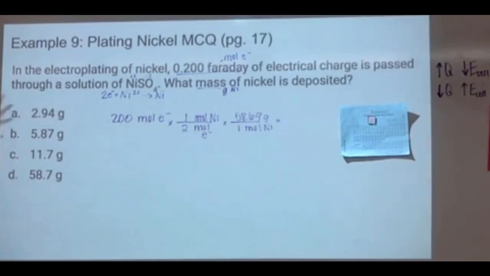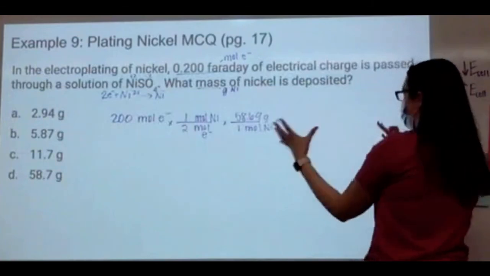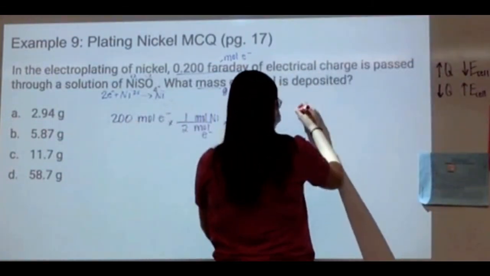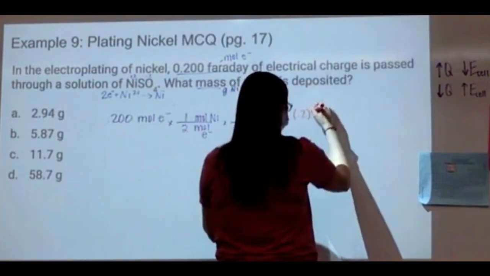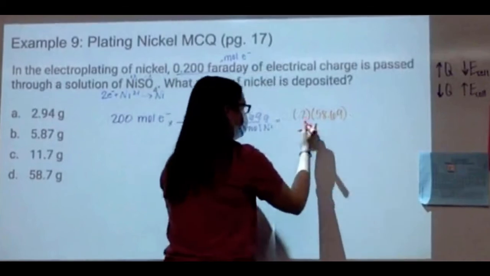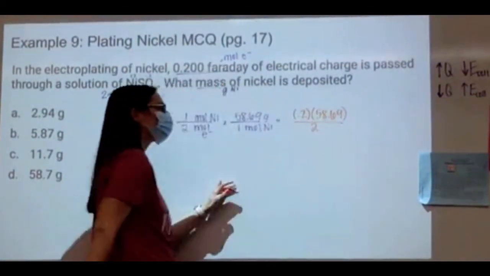I'm going to put this all into just one math equation. I'm just going to combine everything. So 0.2 times 58.69, that's what I would do in a calculator, divided by 2.